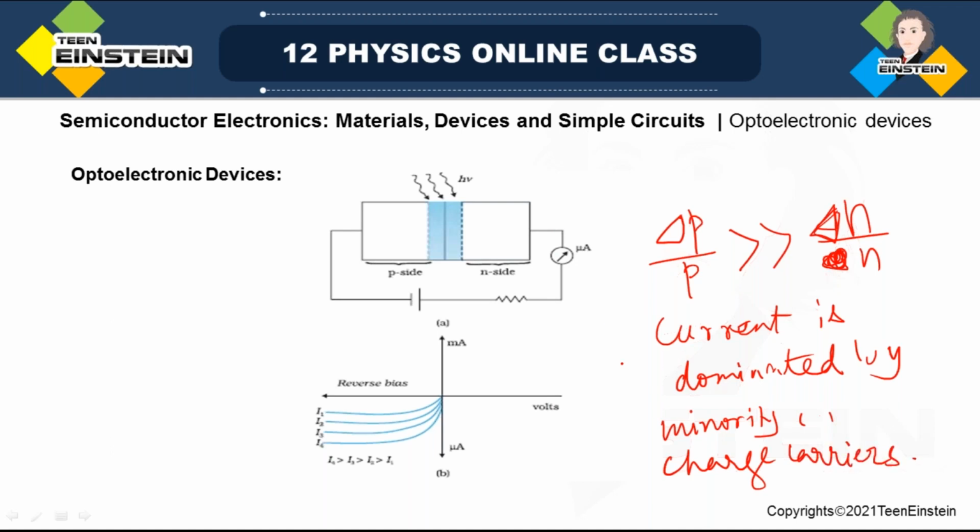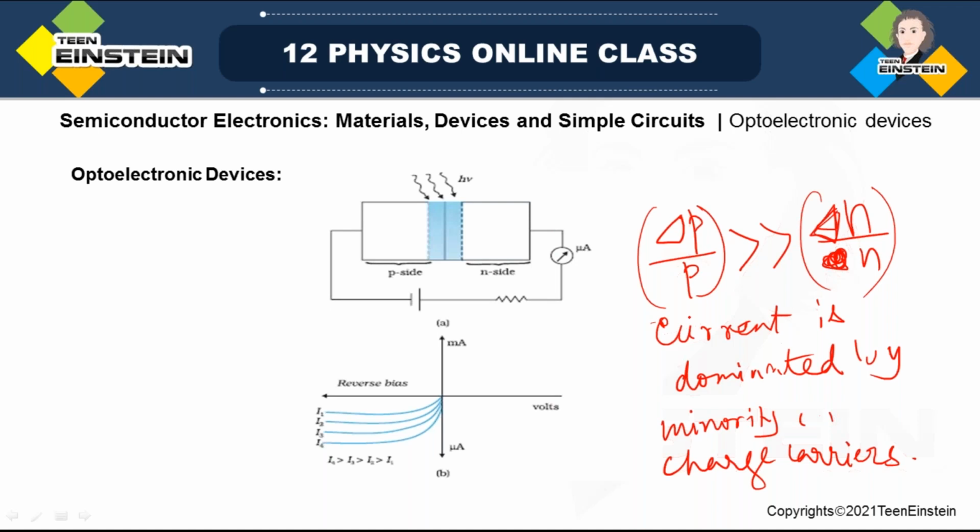So the fractional change in the minority charge carrier is more than in the majority charge carriers. Also we know the current conducts in case of reverse bias by minority carriers only.